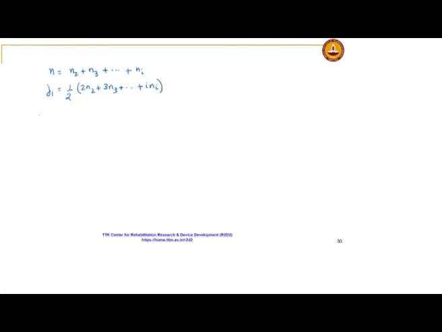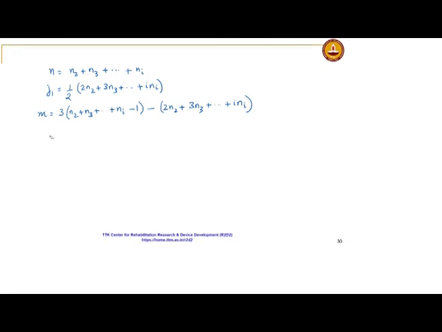So, this gives me m in this form: 3 times (n - 1) minus 2j1, with 2n2 + 3n3 + ... + i ni substituted in.